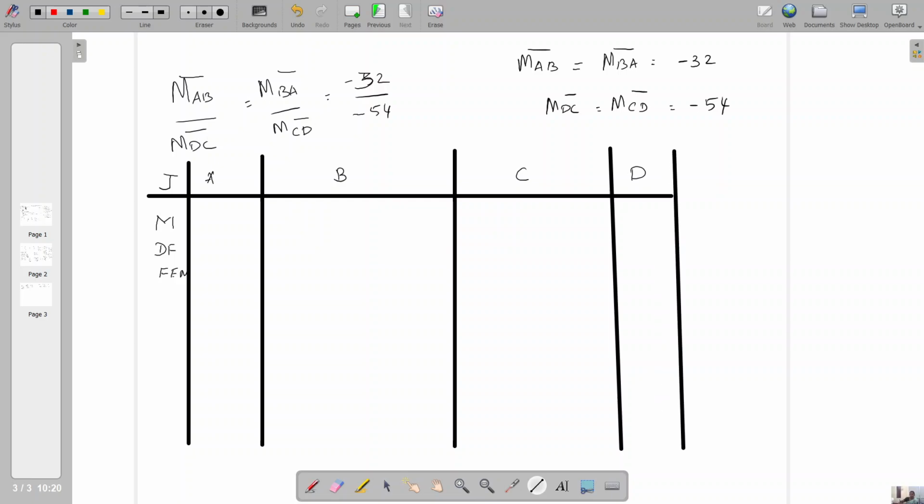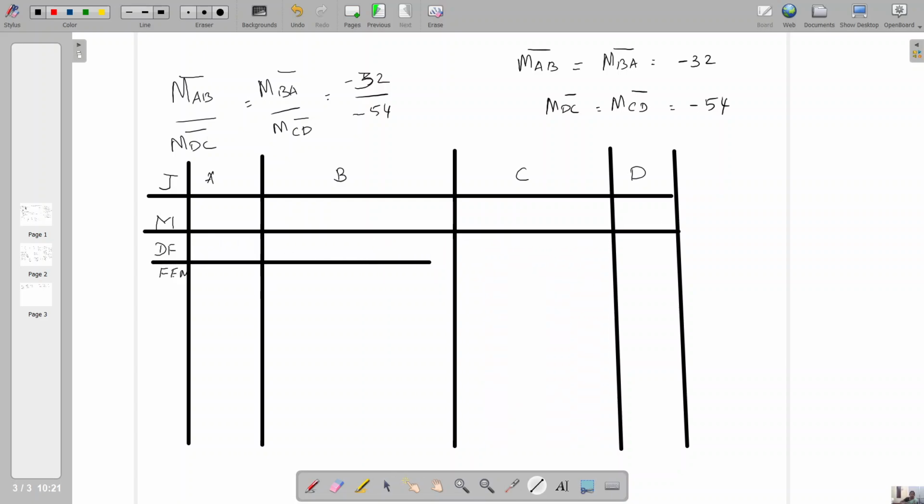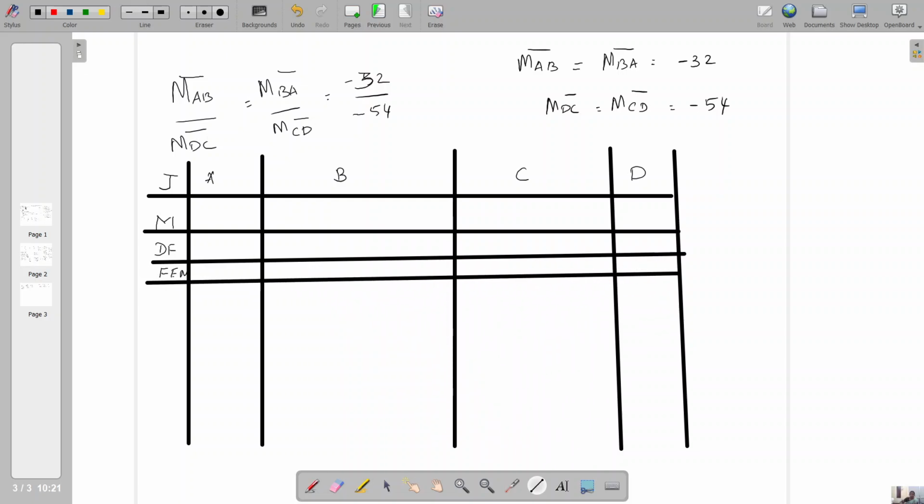So I am approximately drawing the columns: member, distribution factor, and the fixed end moment. The member specification is AB. Here it is BA, BC, CB, CD, and DC.